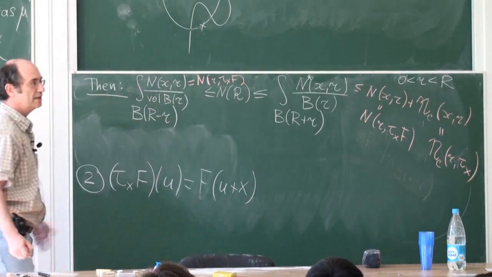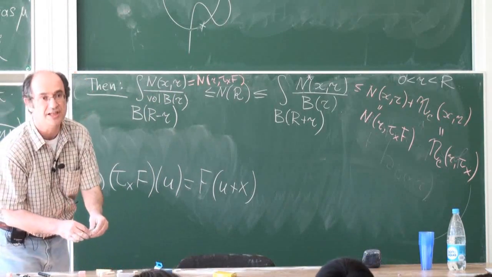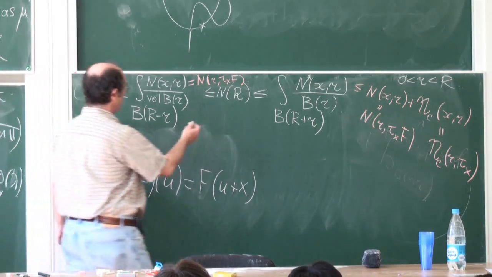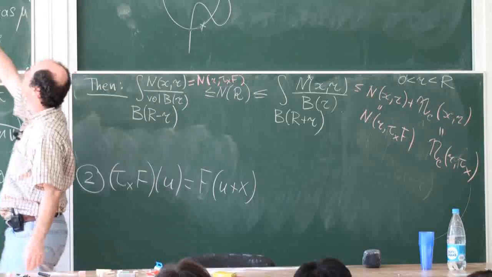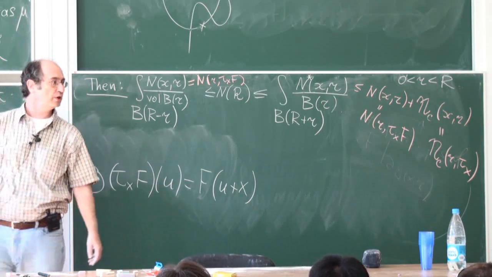So the next step speaks for itself. You can easily guess what will be the next step in the proof. So we are interested, let us see what do I want to prove. I want to study n capital of a volume.